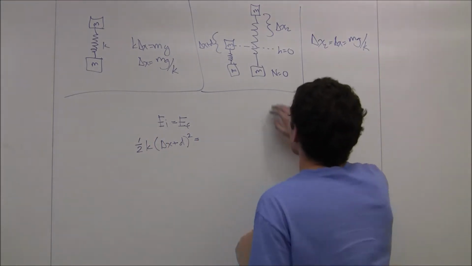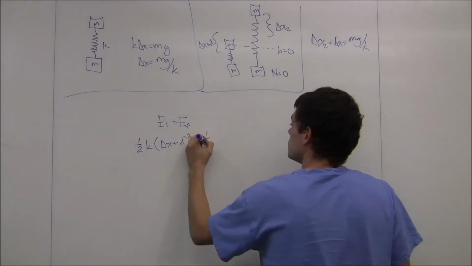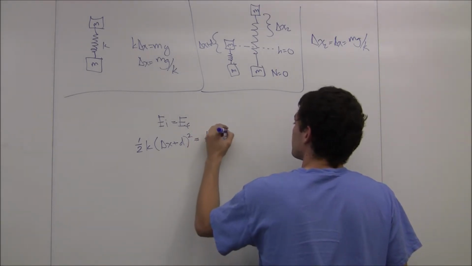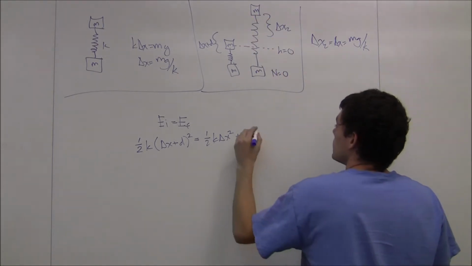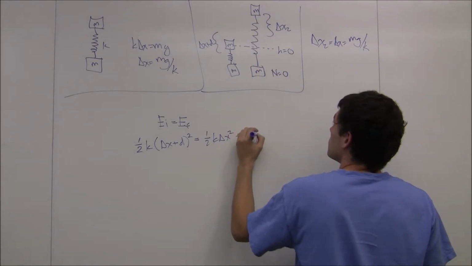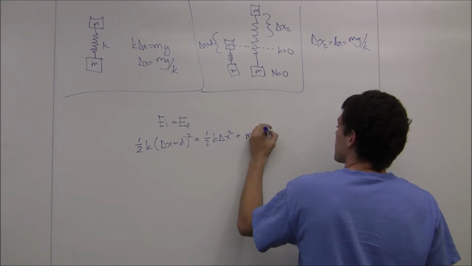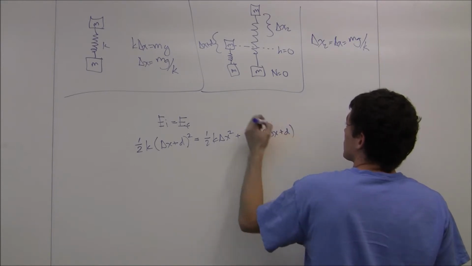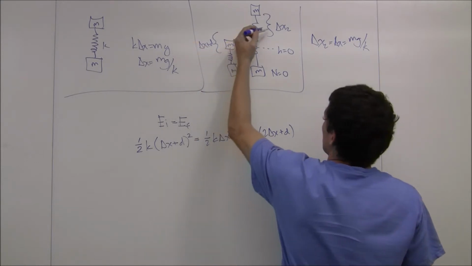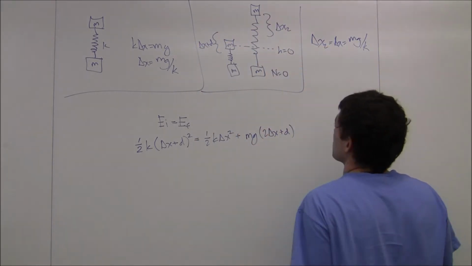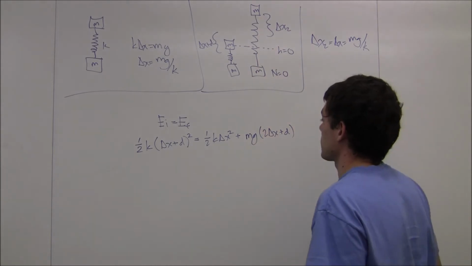And in the final, we have 1 over 2 k delta x squared plus the gravitational potential energy of the second block, which is going to be mg times 2 delta x plus d, because it first has to raise this extra distance delta x plus d, and then this delta x2 equals delta x above that rest length.